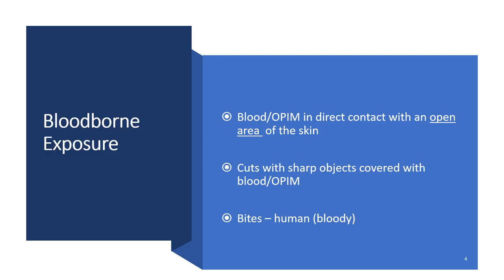If I bite you really, really hard, and now your arm is bleeding, that is your blood, and your blood does not pose a risk to you. In this example, the person who was exposed is the person who bit you.